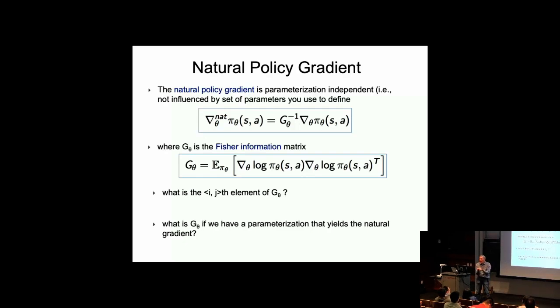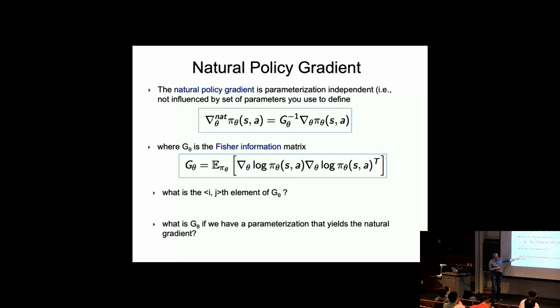And the natural gradient, if you want to know what it is, think about this. What if we happen to have a parameterization theta where G is the identity matrix? In that case, the natural gradient will be equal to the gradient that we get from the current parameterization.